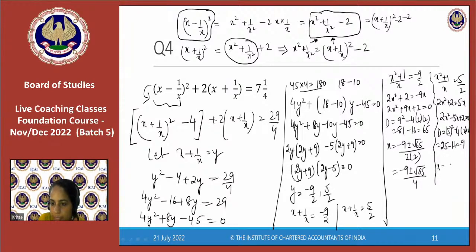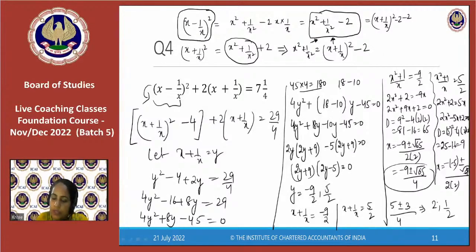So your x here is minus of minus 5 plus or minus square root of 9 by 2 into 2, that is 5 plus or minus 3 by 4. So that gives you 8 by 4, that is 2, and 5 minus 3, 2 by 4, that is 1 by 2. So you have 4 values, -9 plus or minus root 65 by 4. You have 2 and 1 by 2 also.